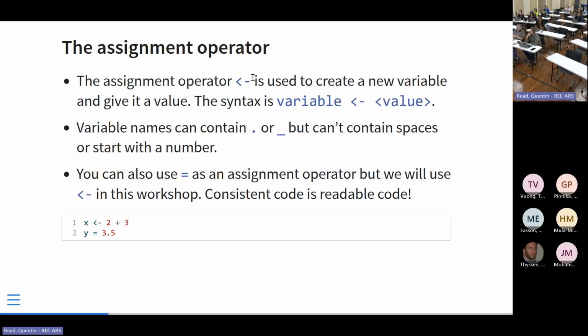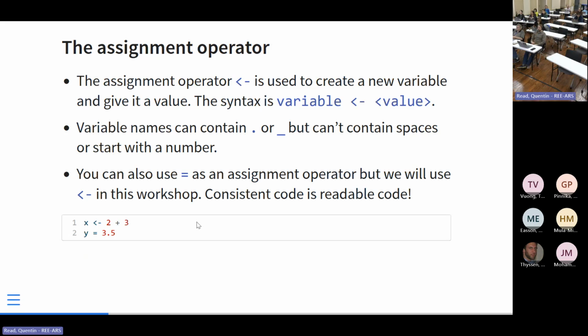It looks like a little arrow pointing towards the left: a less than sign and a hyphen. You write the name of the variable, the assignment operator, and whatever the value will be. You read it as, variable gets the value of value.